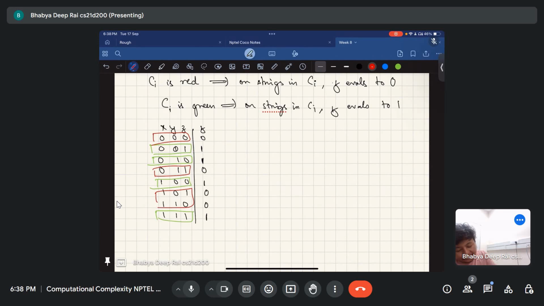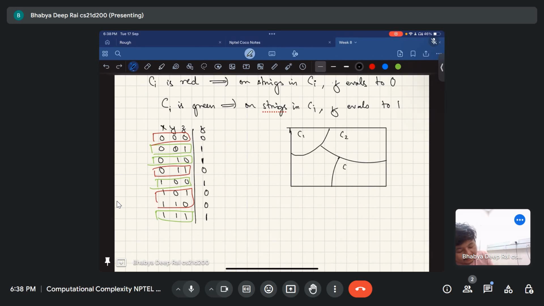So you can think of C1, C2, C3, C4. Now C1 is 0 0 0, C2 is 0 0 1, 0 1 0, 1 0 0.